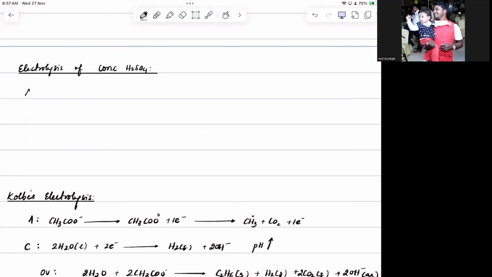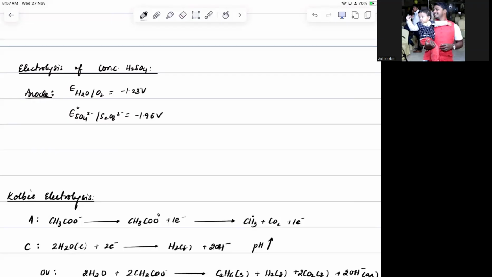Concentrated H2SO4 at anode, you will have very less quantity of water to compete with, to O2, giving minus 1.36 volts here, while E of SO4 2 minus to S2O8 2 minus, this we learned earlier, the value is minus 1.96.